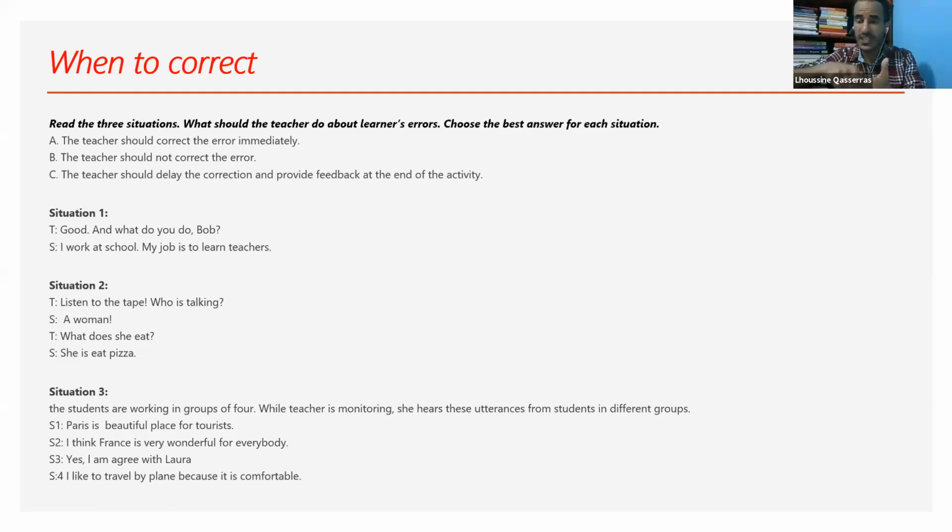It's very important: when students are speaking, monitor, listen, and then take notes about the very common mistakes. Once they finish answering, you write them on the board, class correction, and then you invite them to self-correction, peer correction, group correction.